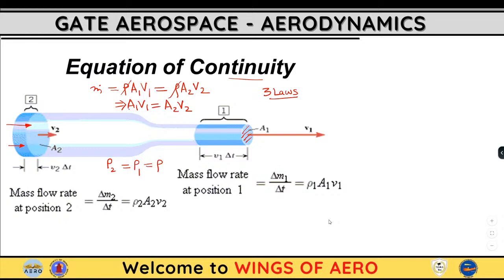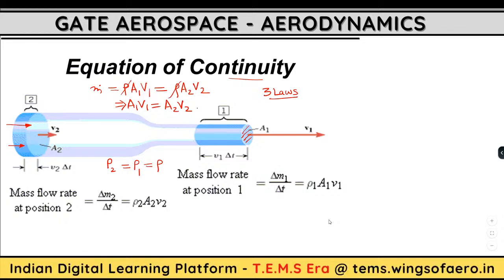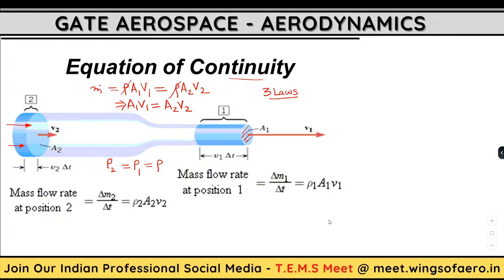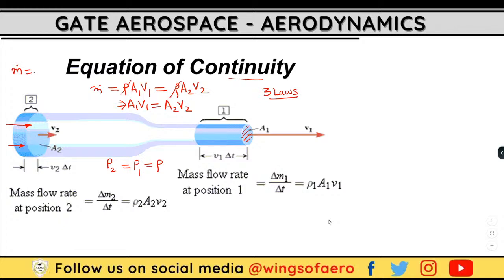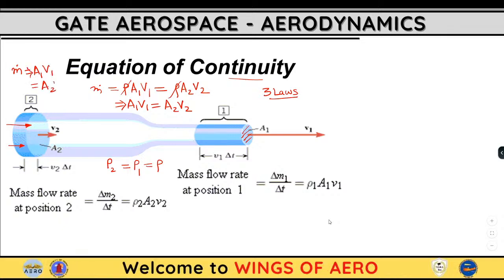This only satisfies when the flow is incompressible, where the density is constant throughout the cross section. So remember this important formula: m dot equals ρ A1 V1 equals ρ A2 V2 only when the flow is incompressible.